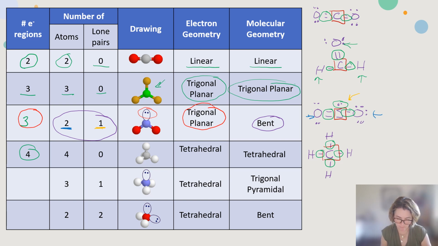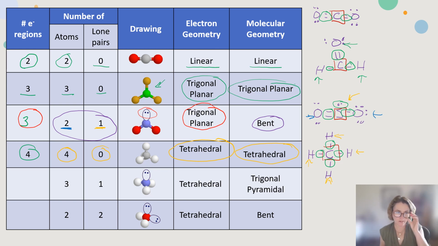Now if I count up all of the atoms around that central atom, I have 4 hydrogens around that central atom. I'm sorry, I have 4 atoms, 0 lone pairs. That is going to make my electron geometry tetrahedral, and that is also going to make my molecular geometry tetrahedral.